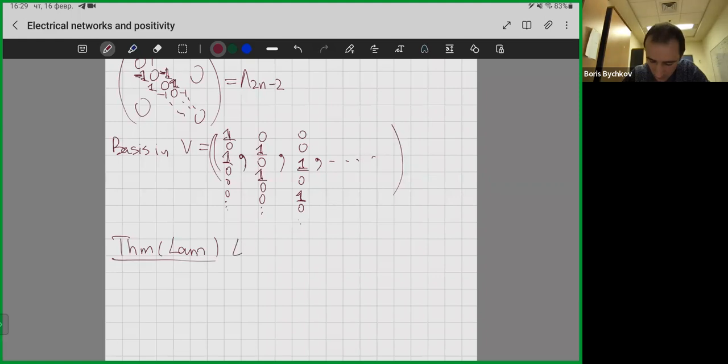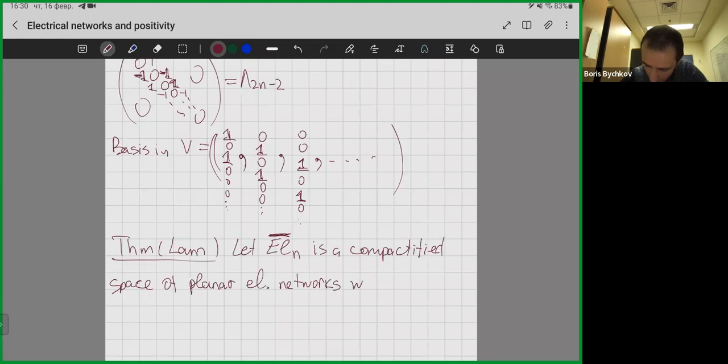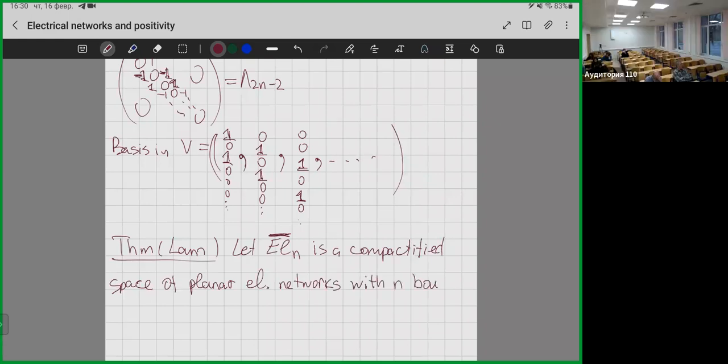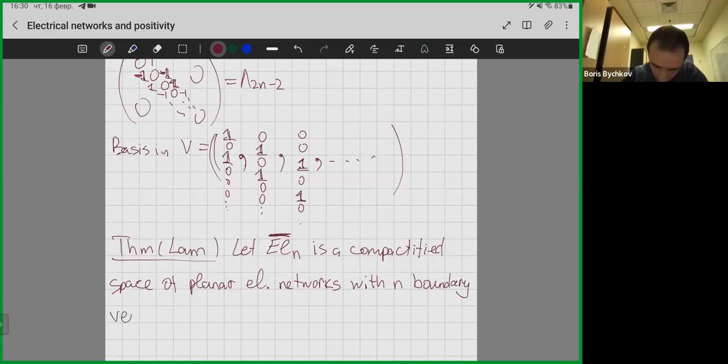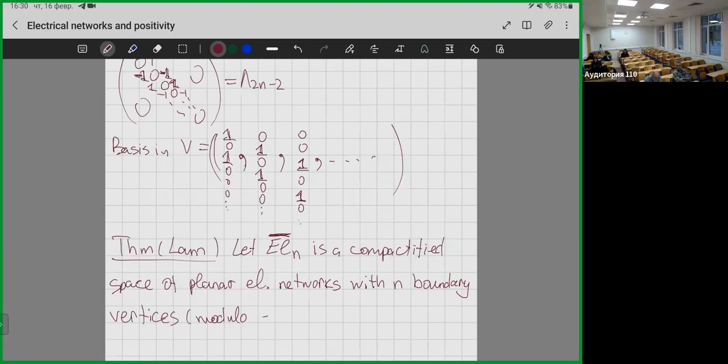So let Ln be a compactified space of planar electrical networks with n boundary vertices, modulo electrical transformations.